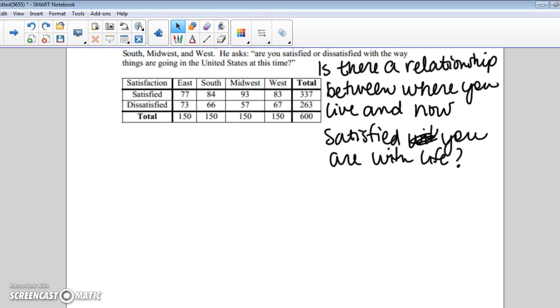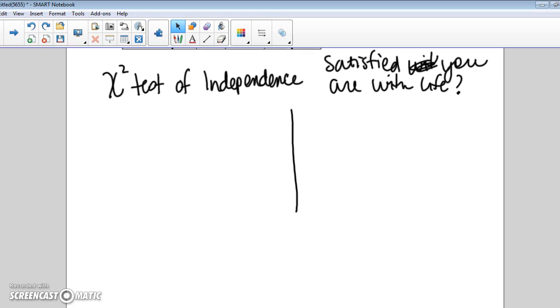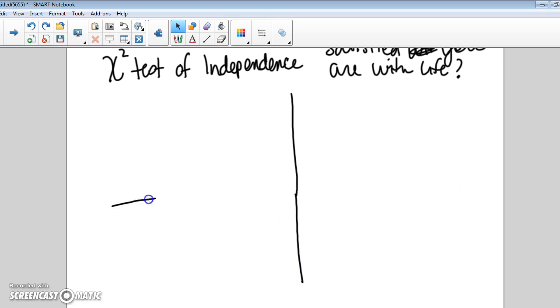So on this one, this would be a chi-square test of independence. So in our boxes, we would have our null and our hypothesis.